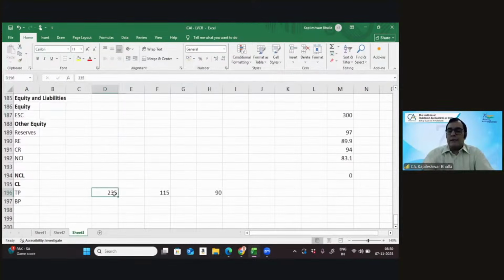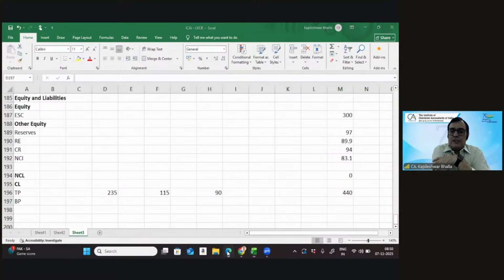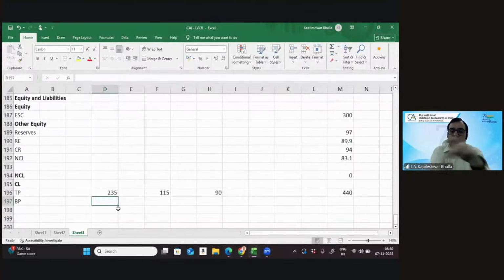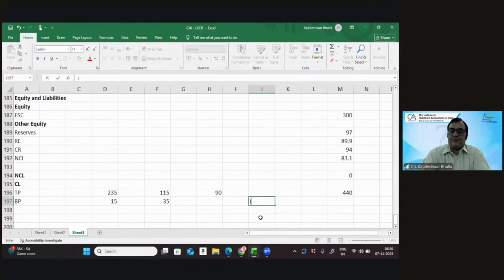And there is no intercompany owings on the trade payables. We take it as it is. Then bills payable, this is 15 and 35. This is 15, this is 35. Intercompany owings cancelled is 50.